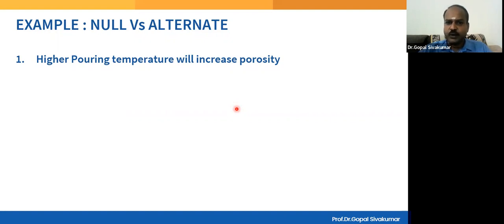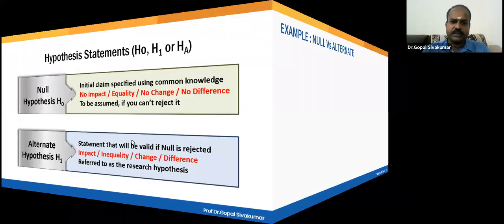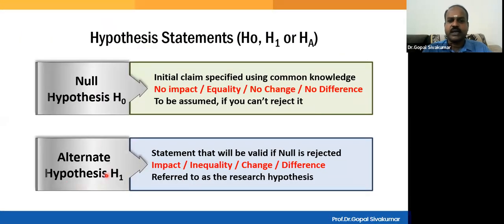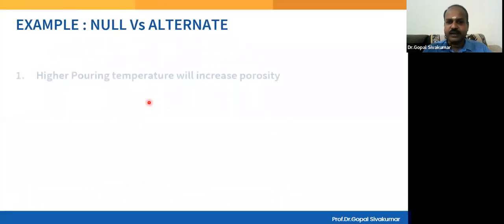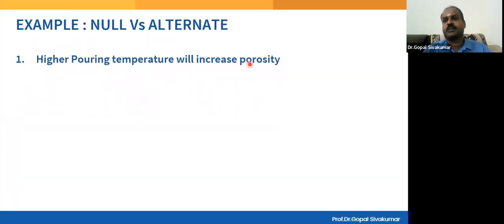That means the pouring temperature is having an impact on the porosity. Probably if the temperature is more, the porosity might increase or it can even decrease. There is a huge impact, right? So it is a statement of impact. When I say it is a statement of impact, go back to the slide, right? Statement of impact. That means it is an alternate hypothesis, right? So pouring temperature has an impact on the porosity.